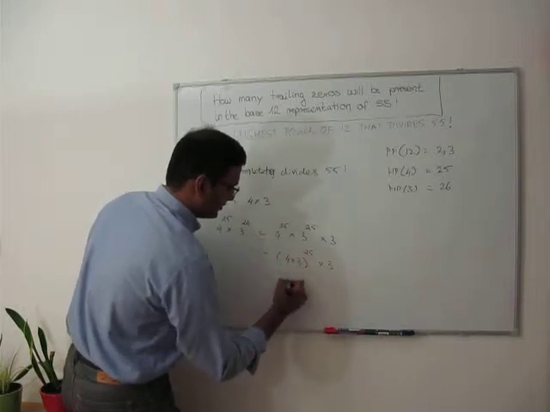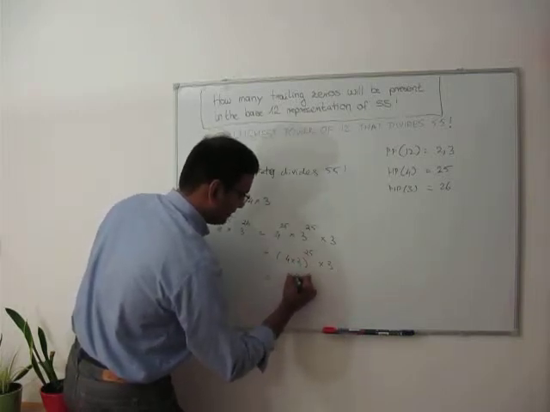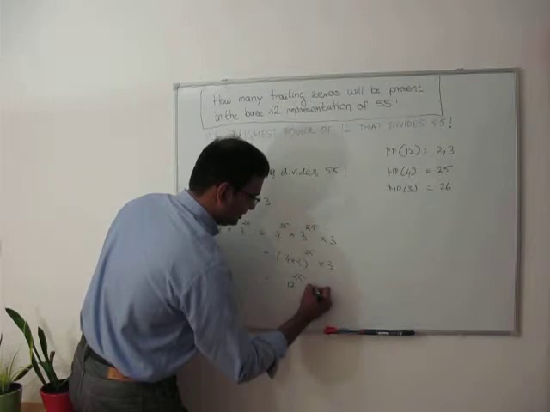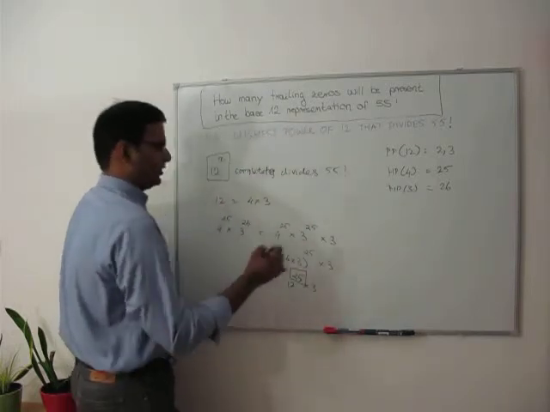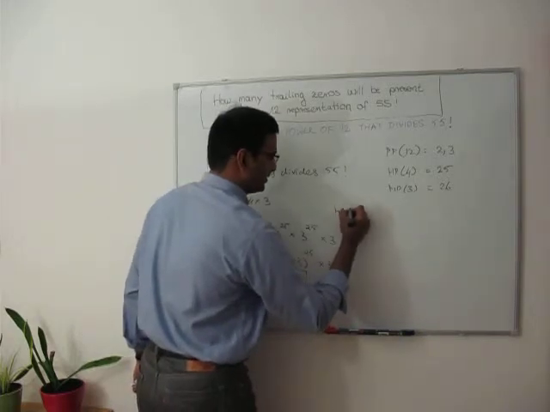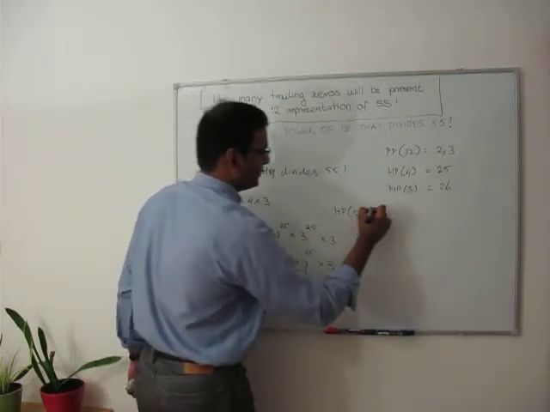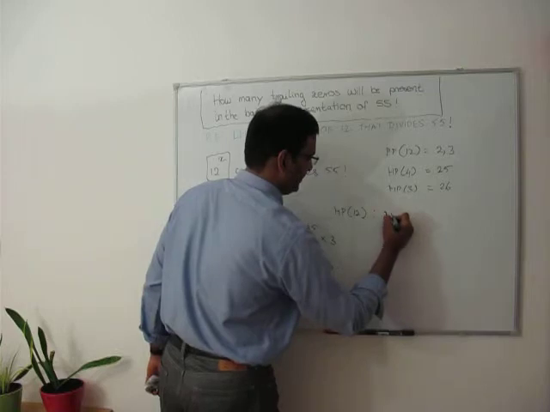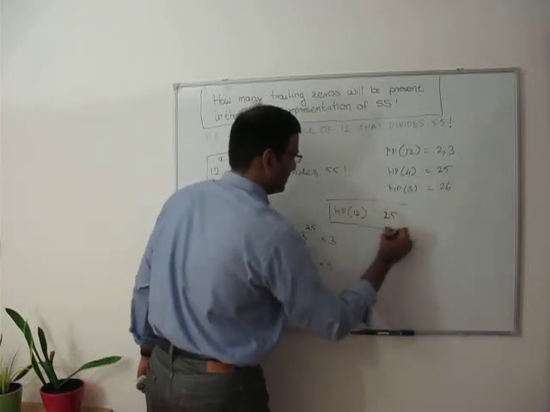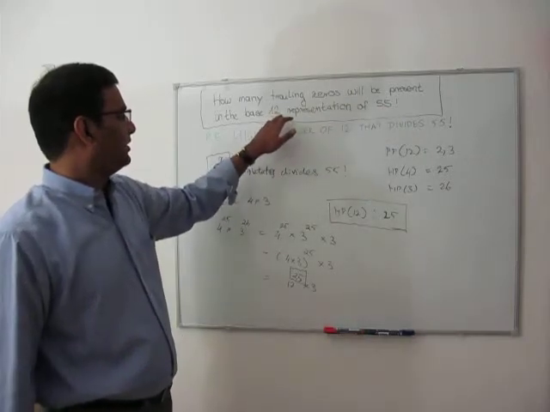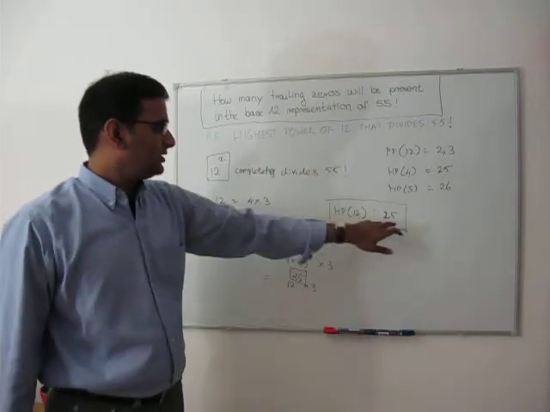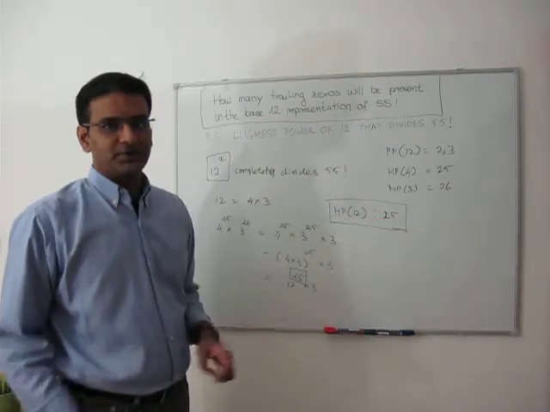Multiplying within the braces, 12 power 25 times 3. So 25 is the number we are interested in. The highest power of 12 that completely divides 55 factorial would be 25. This is the answer. So 55 factorial when divided by 12 successively will result in 25 trailing zeros.